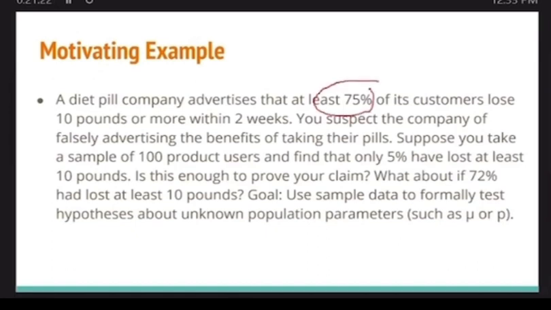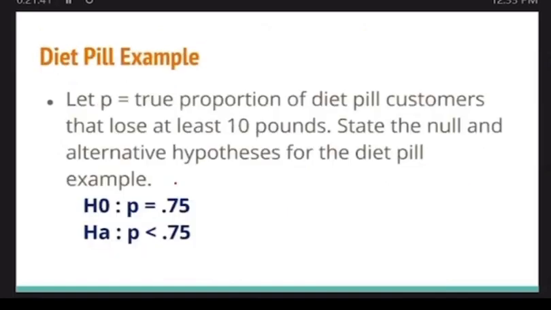This particular company claims that at least 75 percent of their customers. Now, this is going to be a proportion. 75% is going to be 0.75, right? If I want to specify that, this is the way I'm going to specify that. Statistically speaking, H0 is going to be p equals 0.75, HA.